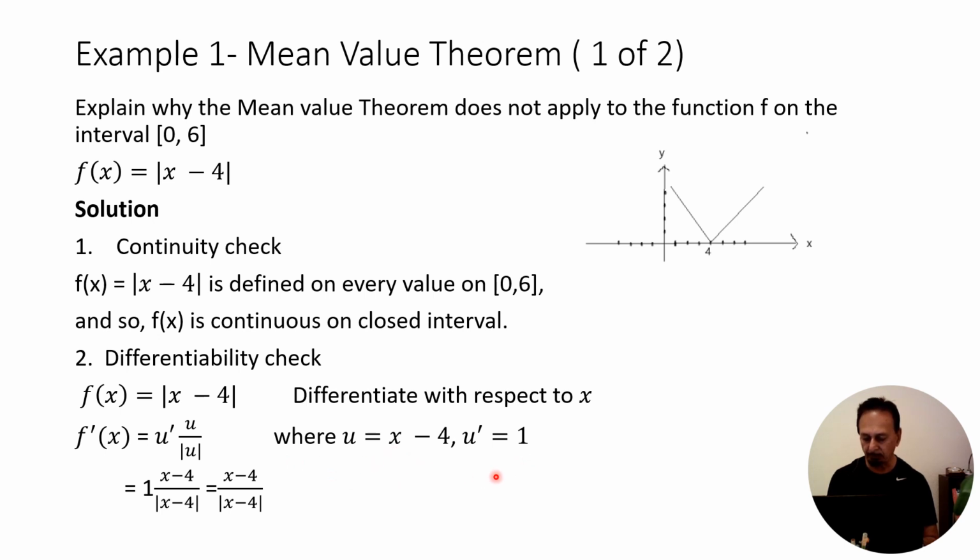The derivative of x is 1 and of 4 is 0, so u prime is 1. So we substitute these values in this formula. So u prime is 1 and u is x minus 4, and here we also put u as x minus 4. So we have x minus 4 over the absolute value of x minus 4.